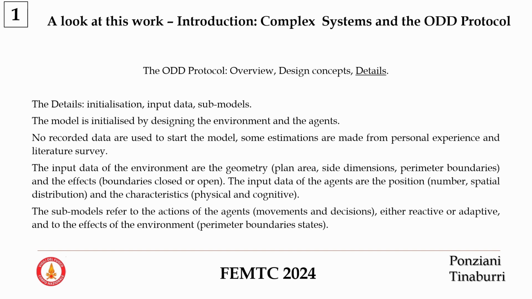The details. The initialization is done by designing the environment and the agents. We did not use any recorded data to start the model, but we used some estimations from personal experience and literature survey. The input data of the environment are the geometry and the effects. And the input data of the agents are the position and the characteristics. The submodels refer to the actions of the agents, reactive, adaptive, and also to the effects of the environment.